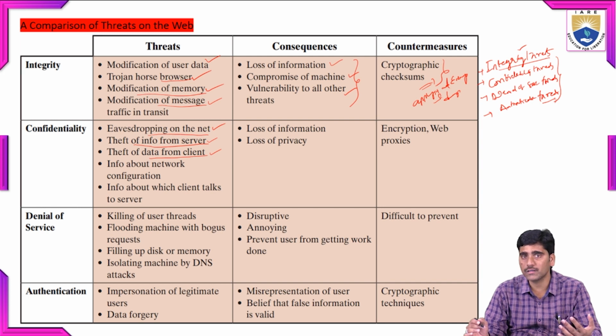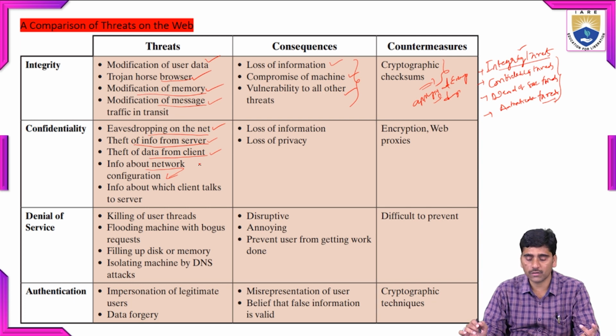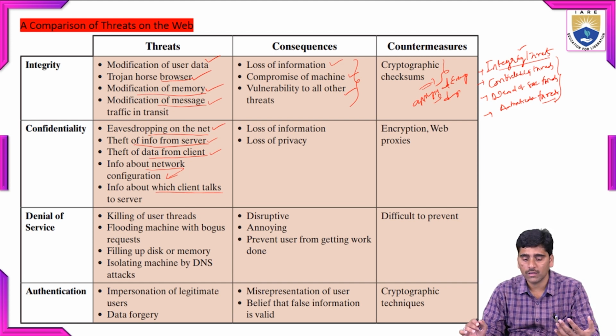At that moment, there is theft of data by attackers, like man in the middle attacks, and the confidentiality threats occur. And information about network configuration, and also information about which clients talk to the server, and how the messages forward the information.